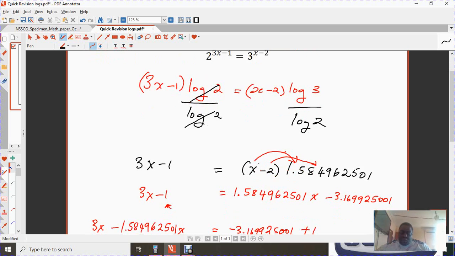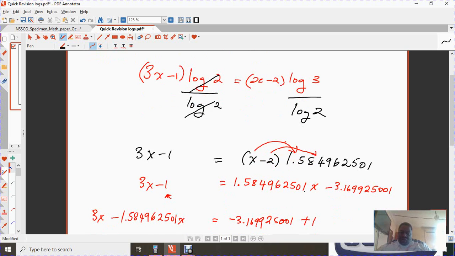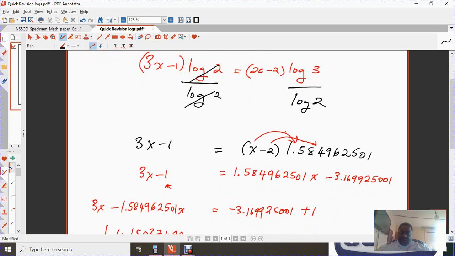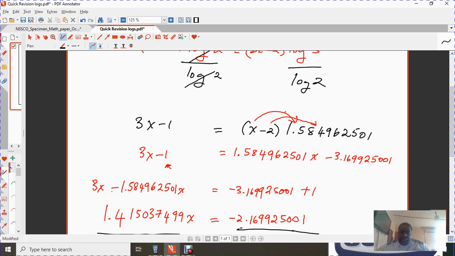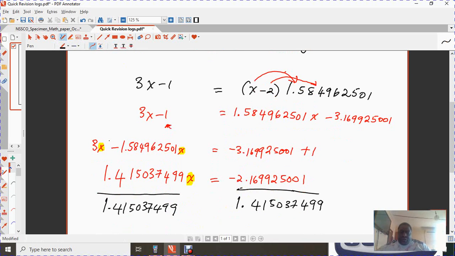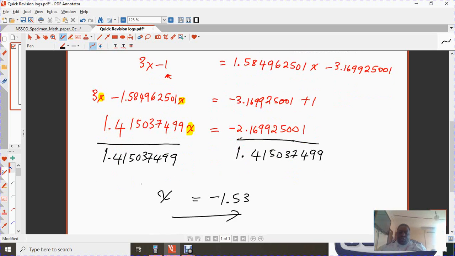Then you multiply, because you want to get the x terms and the constant terms together, so all the terms containing x come on one side and all the numbers on the other. Once you have done that, you simply solve it like a linear equation, and you get x as about negative 1.53.